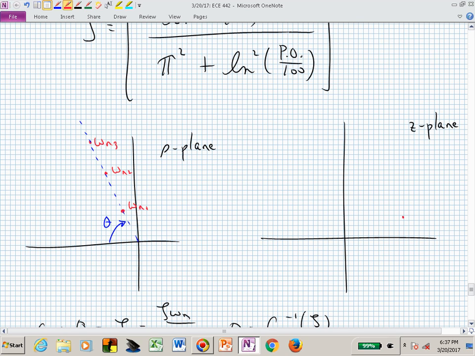My angles are getting bigger, so now I have this one, and my radius is getting smaller, and then maybe I have this one. Good thing I did this in red, because it's mirrored down here.